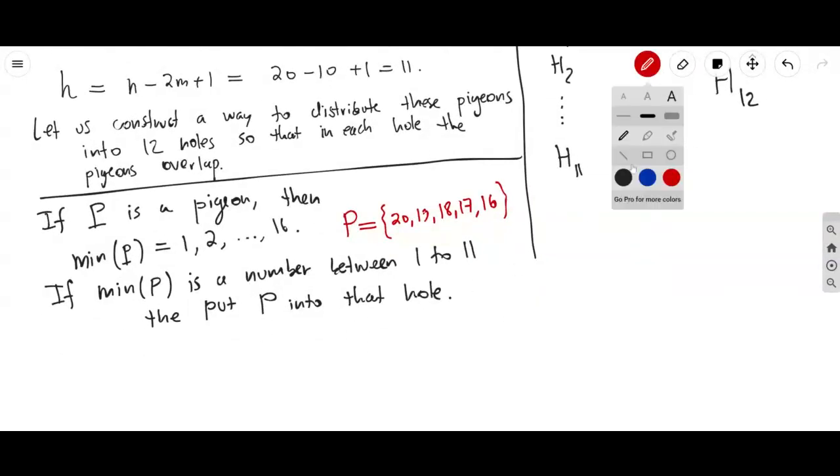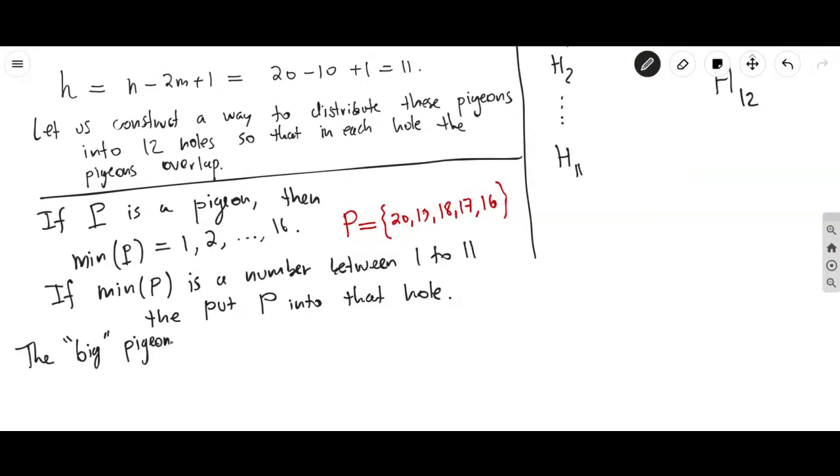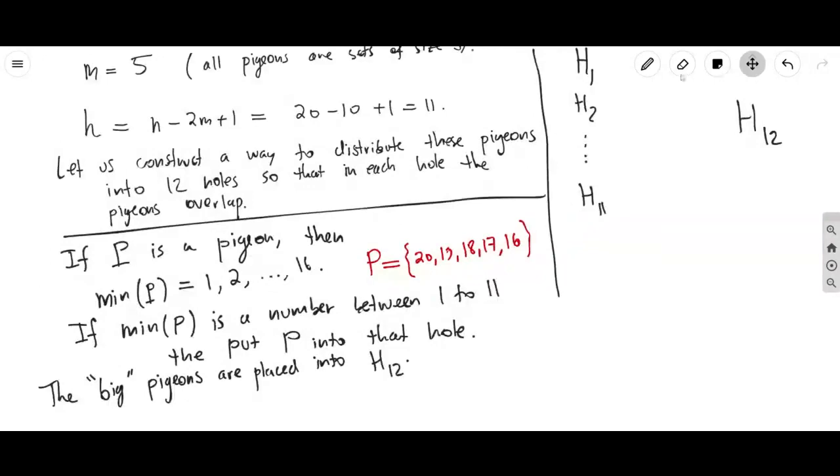But what about the other ones? So the remaining, the big pigeons, are placed into H12. That's the last remaining hole. So what's a big pigeon?